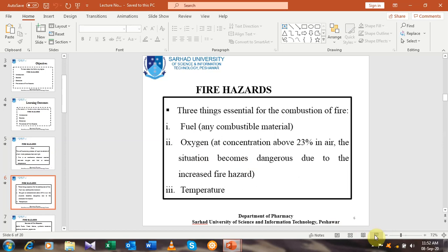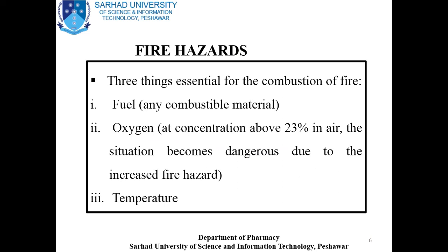There are three things which are mandatory for the combustion of fire. The first one is fuel, any combustible material, that may be a chemical, wood or any other material acting as fuel. The second one is oxygen.